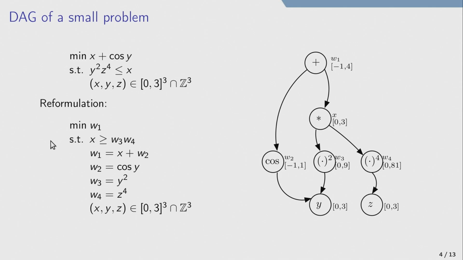So this is your reformulation. Notice again that since I didn't want to use another auxiliary variable, I have the node corresponding to the variable x up here, because x is now associated to the node that multiplies these two other guys that are associated with auxiliaries W3 and W4.